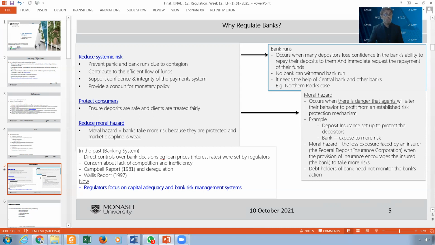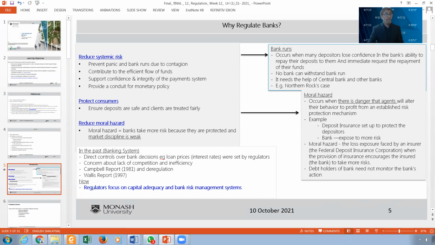And one most important thing is that banks may use the benefits of the regulation and take more risk, which we call moral hazard. Now, moral hazard has to be taken care of, and the regulators have to be sure to minimize any moral hazard, which is the misuse of regulations.